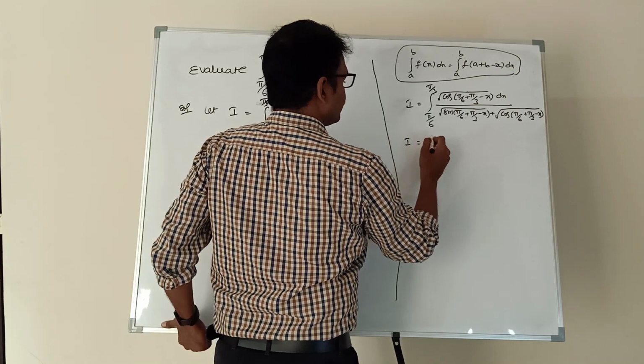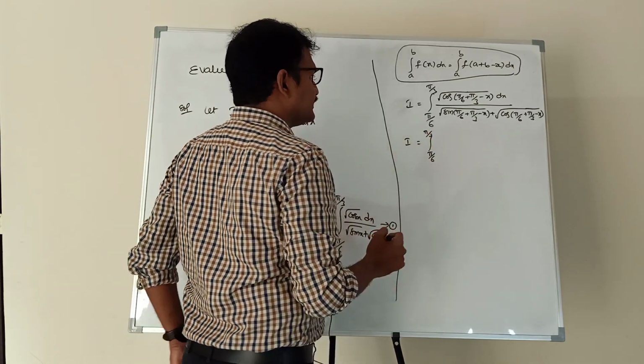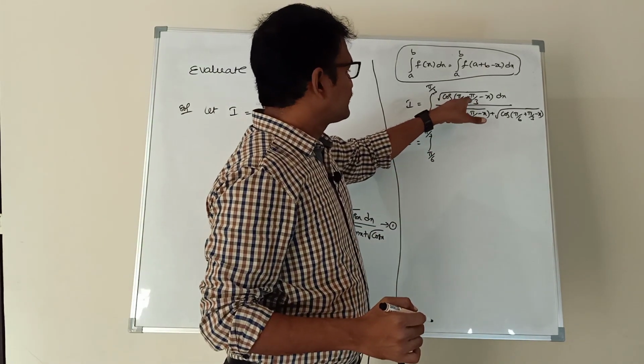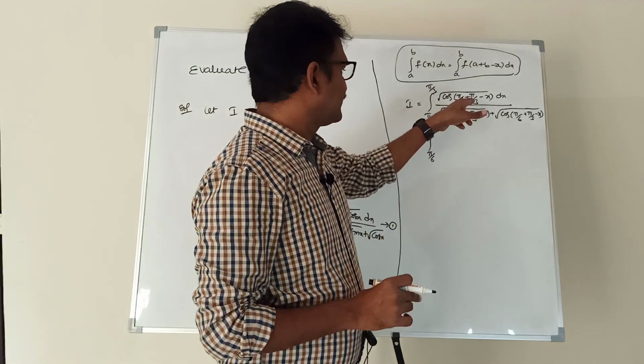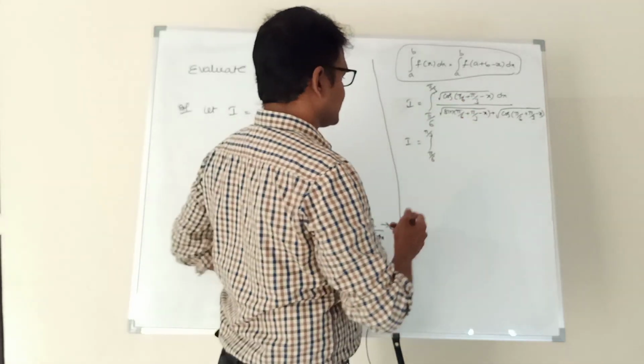So I is equal to the integral from pi by 6 to pi by 3, with 30 degrees plus 60 degrees. Pi by 6 means 30 degrees, pi by 3 means 60 degrees. 30 plus 60 is 90, minus x.